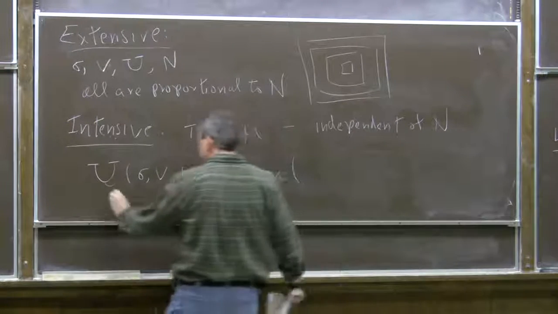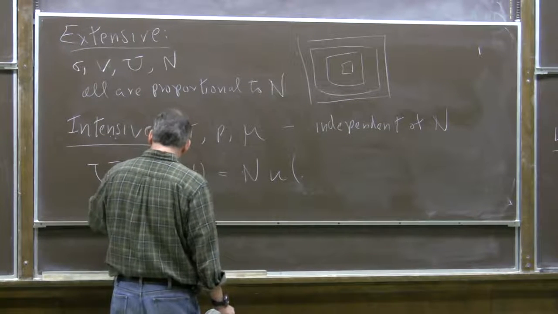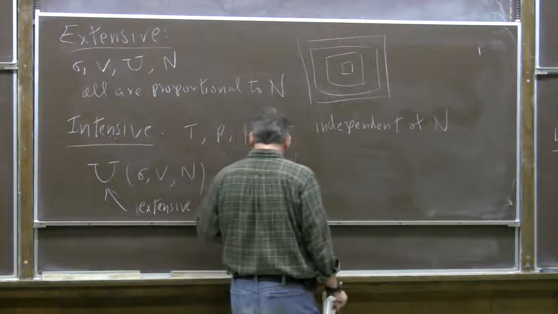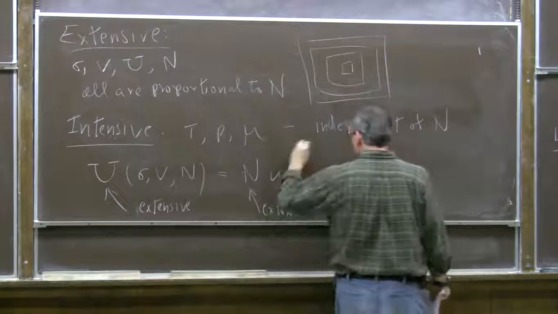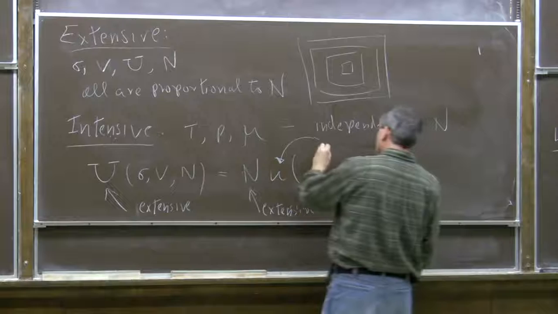So if U is extensive, as it is, and so is N, then little u, the energy per particle, is intensive.